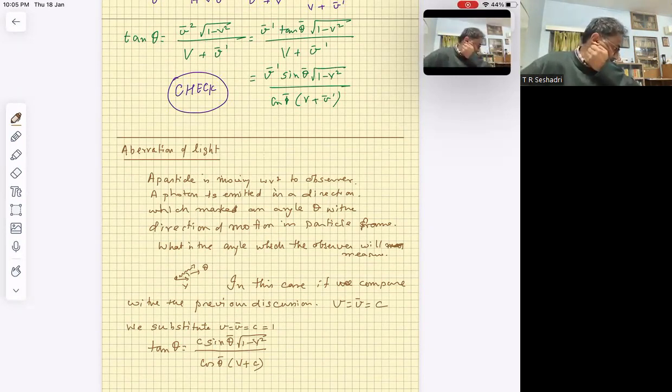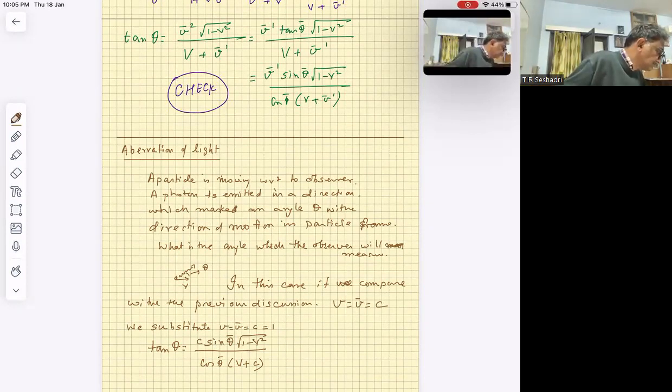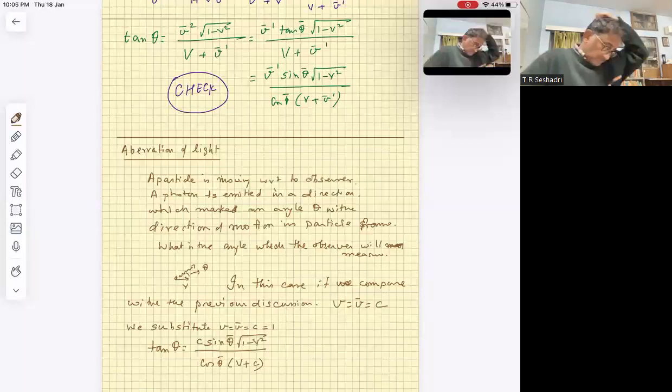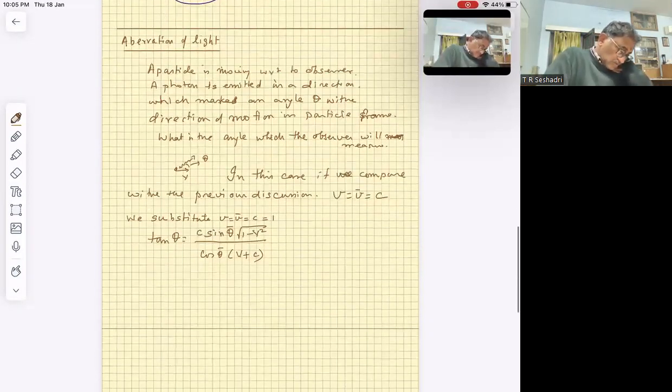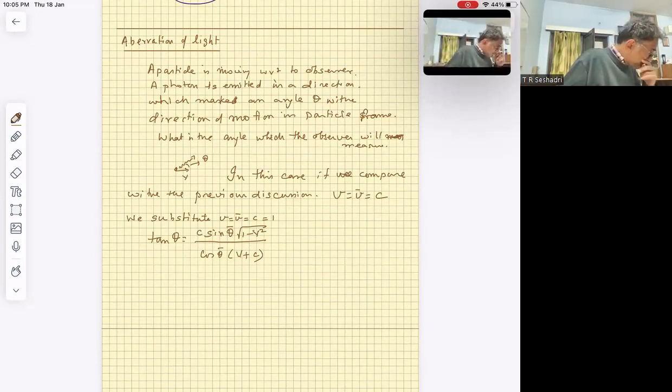I'm getting very worried about this factor. I will check this. Anyway, so what it says is... I'm still a bit worried about this.